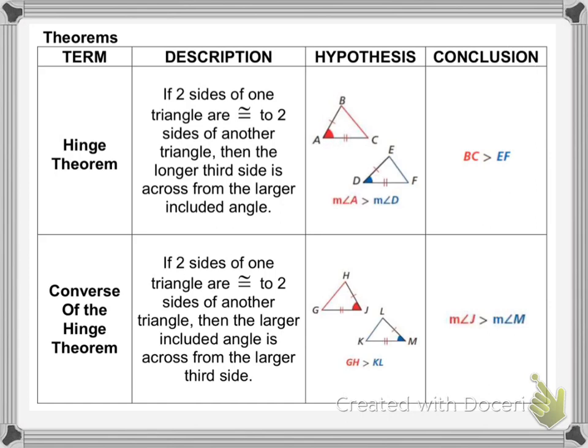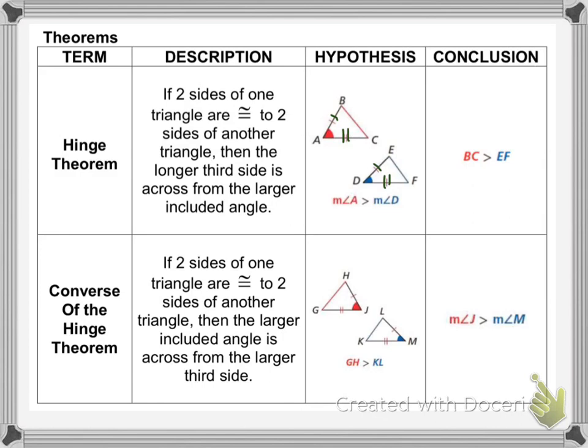So what we've got, let me do it like this. Okay, so since AB is congruent to DE, AC is congruent to DF. Okay, so you have to have two pairs of congruent sides on each triangle.